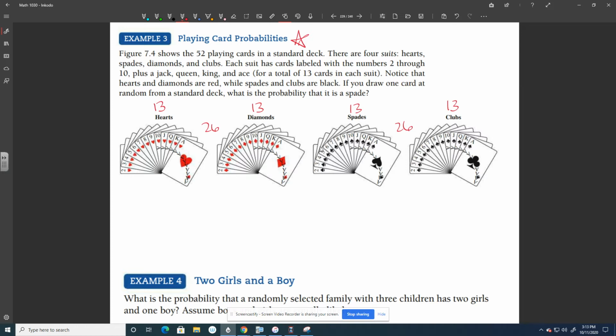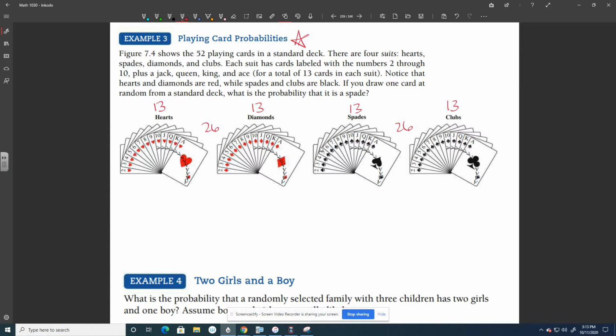Now, if you look at the cards themselves, all of these have a 2 through 10, and then a jack, queen, king, ace. So there are 4 different 2s, 2 red ones, 2 black ones. There's 4 different aces, 2 red ones, 2 black ones. And just information that you might want to know. So if you haven't used cards or played cards enough to know that, write that down somewhere, because you're going to need to use it.